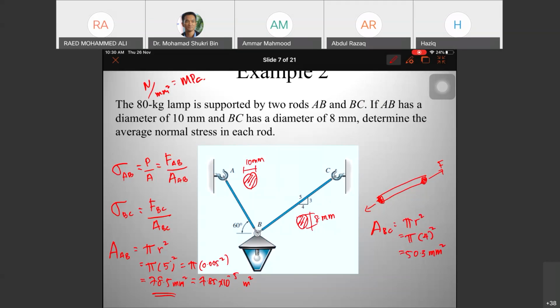So now we have the area. We need to find force AB and force BC. To find them, use your knowledge in statics, in chapter 4. Use your knowledge in chapter 4 to find force in AB and BC.